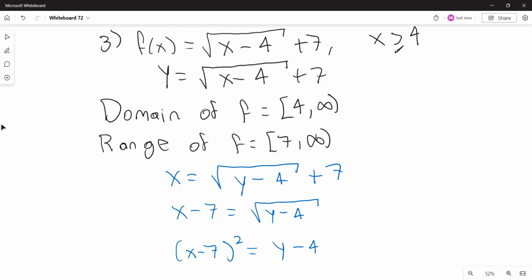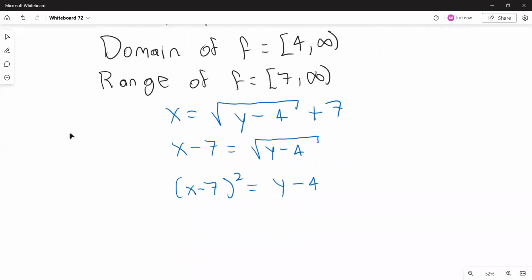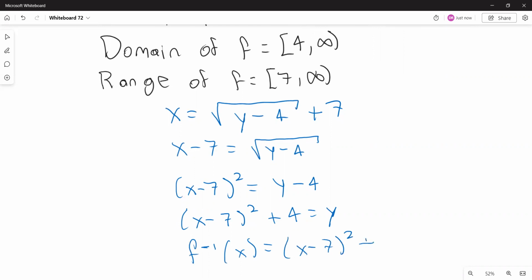And bring the 4 to the other side with positive sign. X minus 7 squared plus 4 is equal to y. And f inverse of x is x minus 7 squared plus 4.